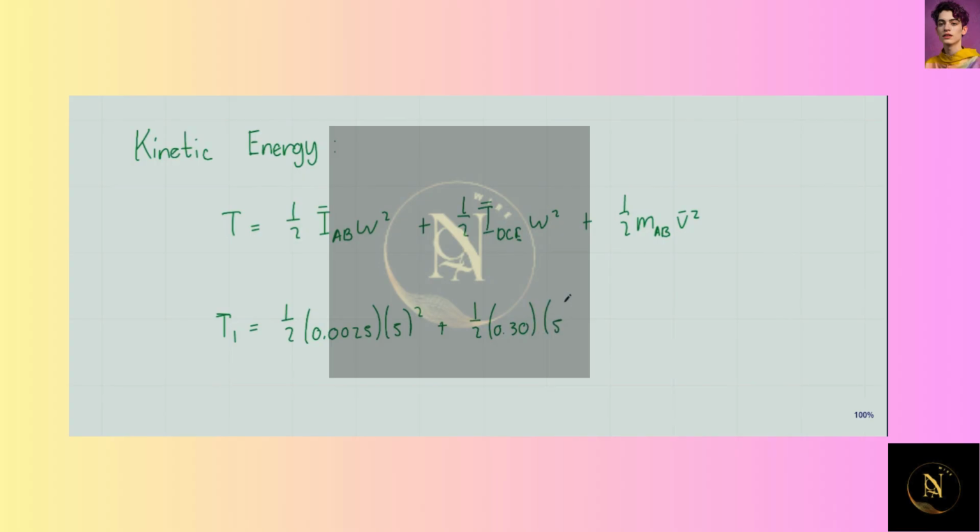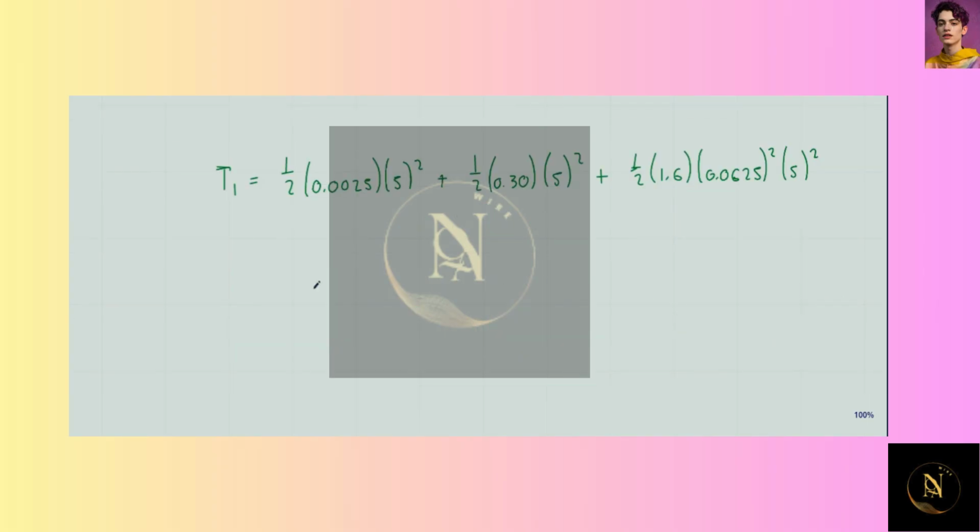Again, omega 1 is 5, and that's squared, plus a half into the mass of the tube, which is 1.6 kgs, times its linear velocity squared, which is the radius 0.0625 squared times omega squared, which is again 5 squared. And solving for this kinetic energy, we get 3.859375. So we're just keeping as many decimal points as possible, and that's joules.